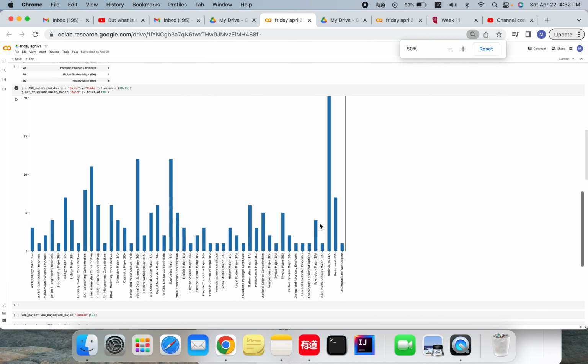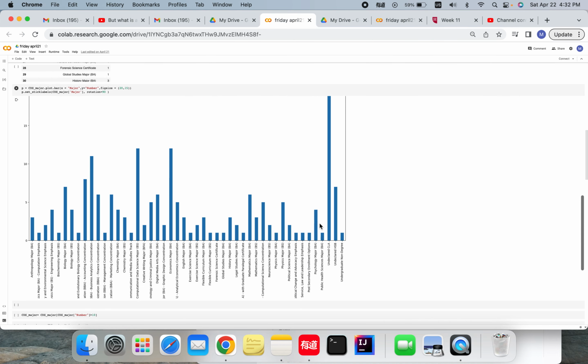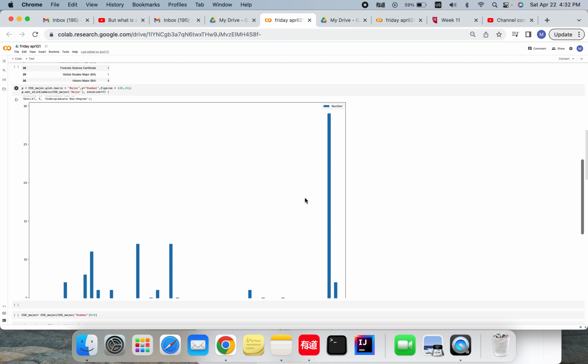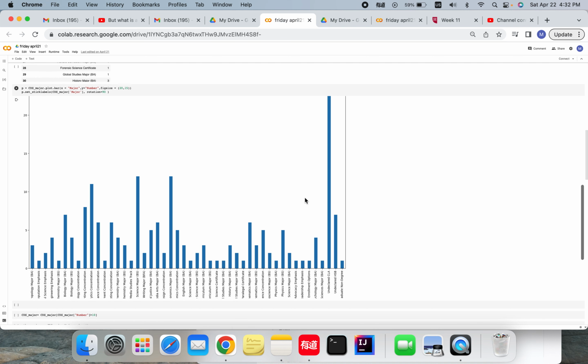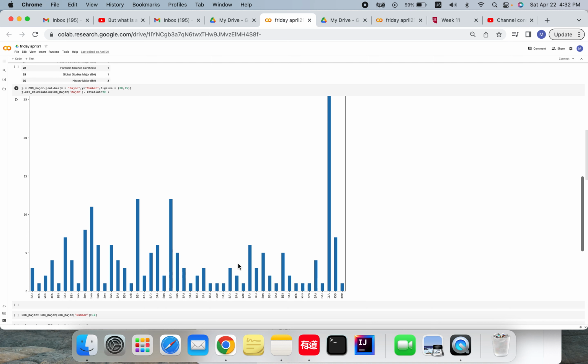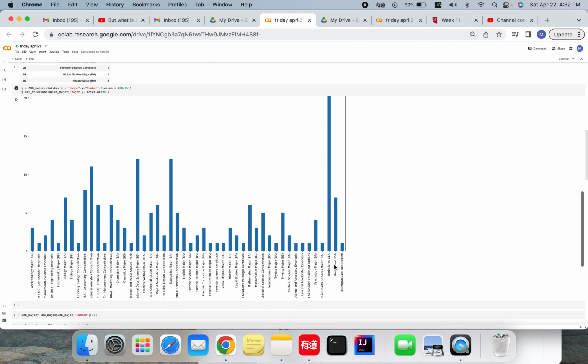I'm not sure if you can see this, but this is how many people actually took CDS 1010, divided by major. For example, this anthropology major has this number of people who took that class. The most of them are definitely undeclared majors.